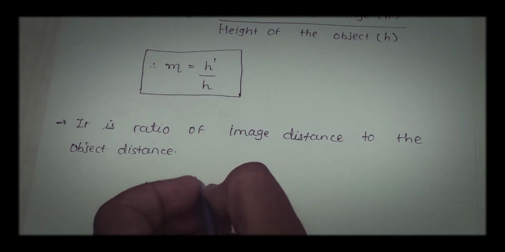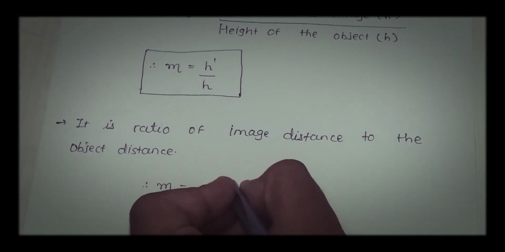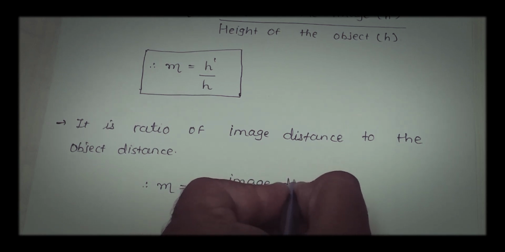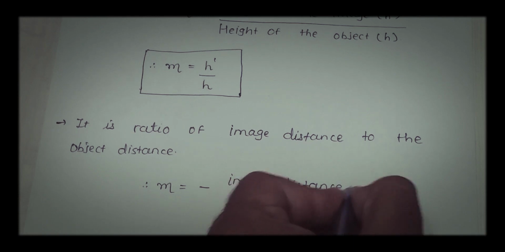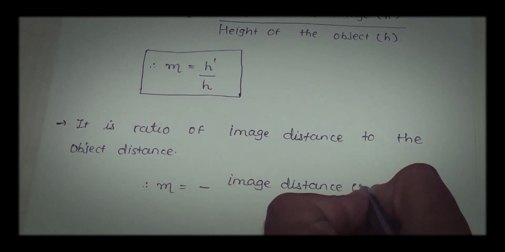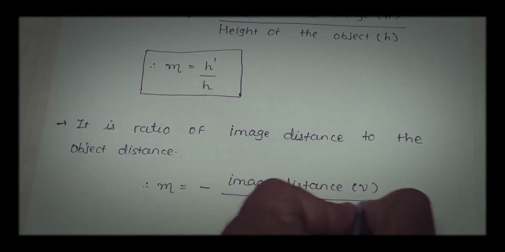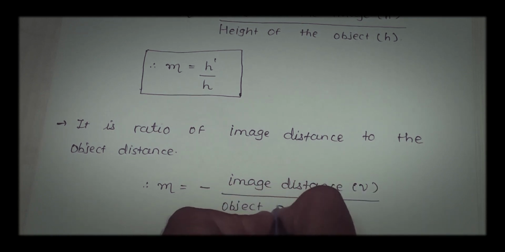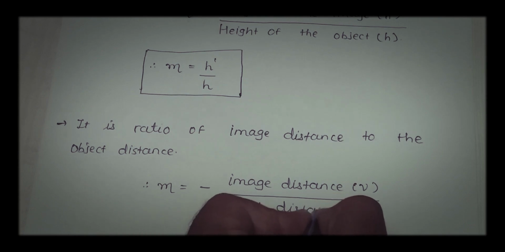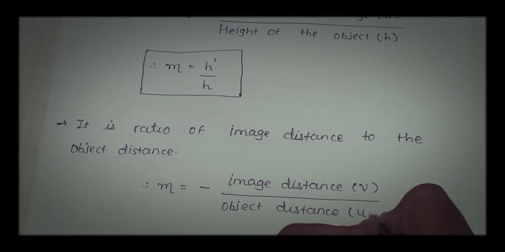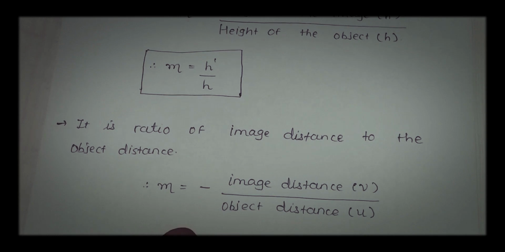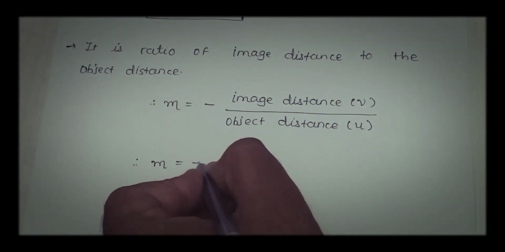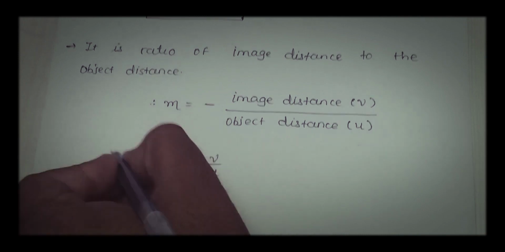So m is equal to negative image distance, generally denoted as small v, divided by object distance, generally denoted as small u. So here we get the second formula, m is equal to minus v by u.